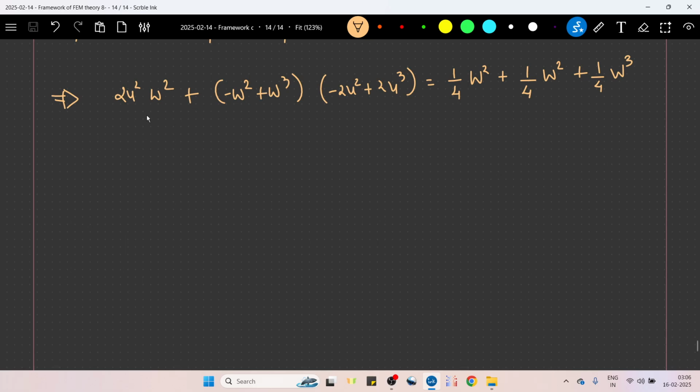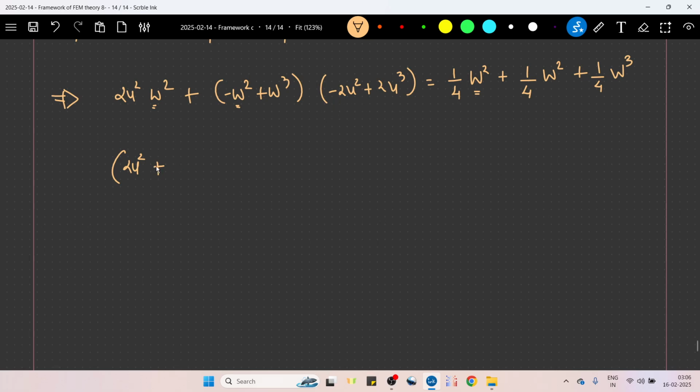So I'll just rearrange with w2. So this is going to be 2u2. The coefficient for this is this one.